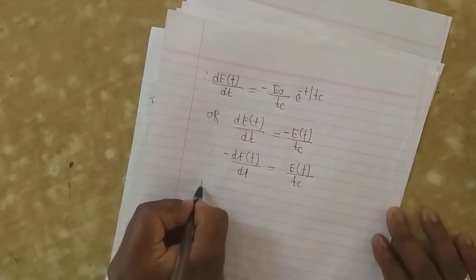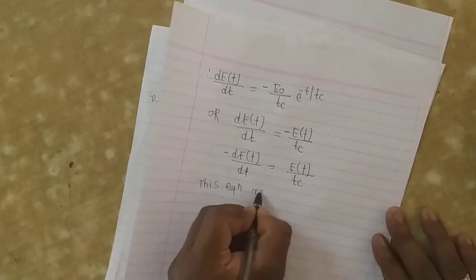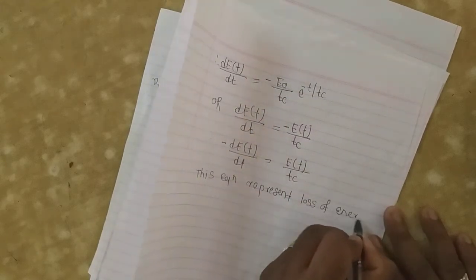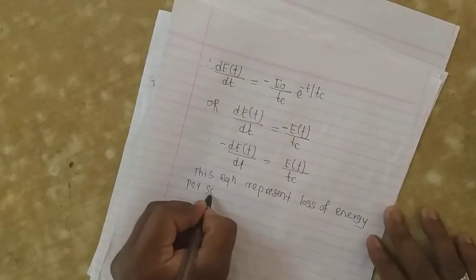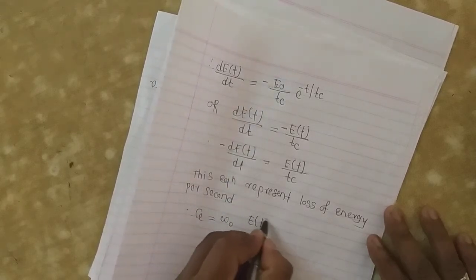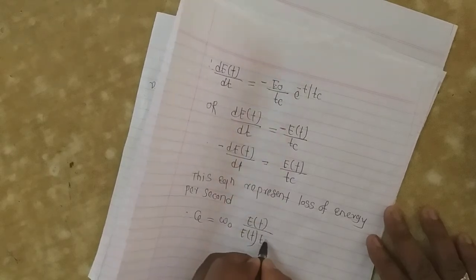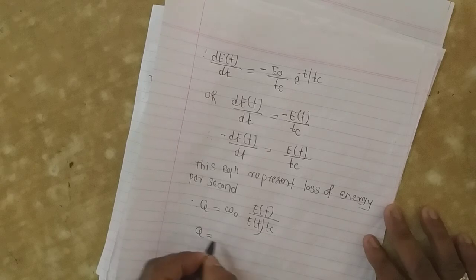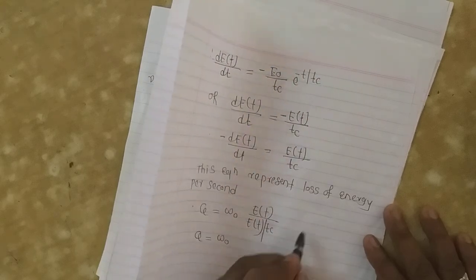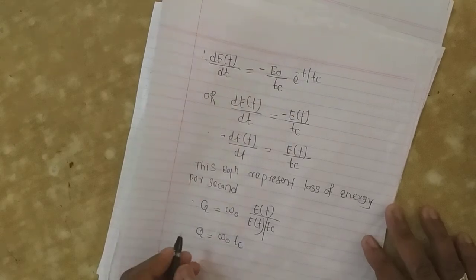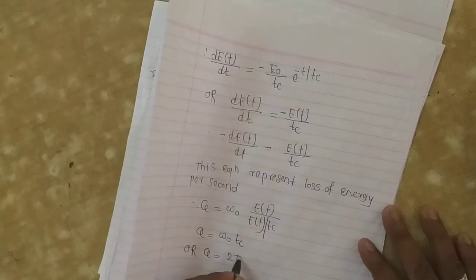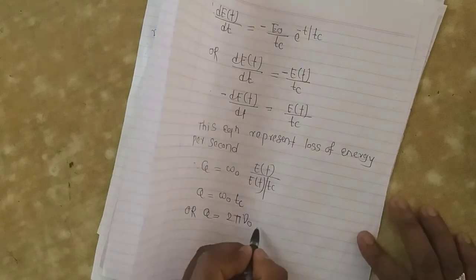This equation represents the loss of energy per second, and therefore Q is equal to omega naught times E of t divided by E of t divided by t_c. The E of t gets cancelled, so Q is equal to omega naught times the cavity time t_c.